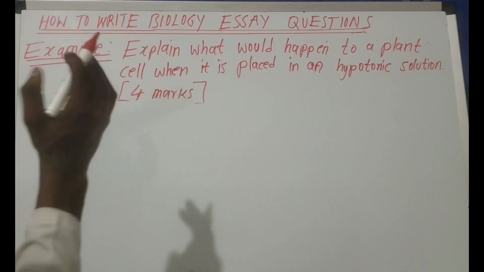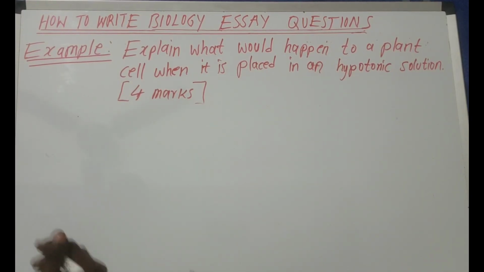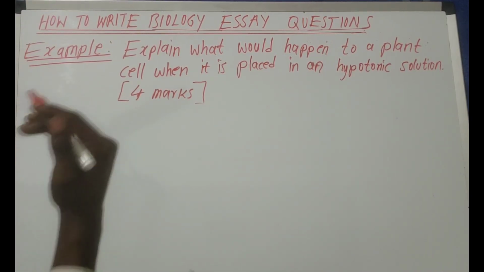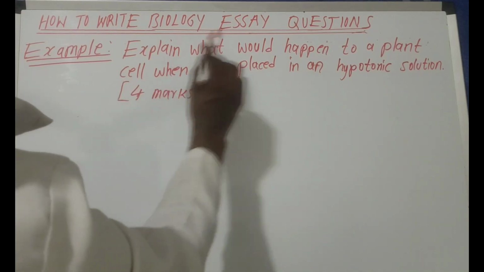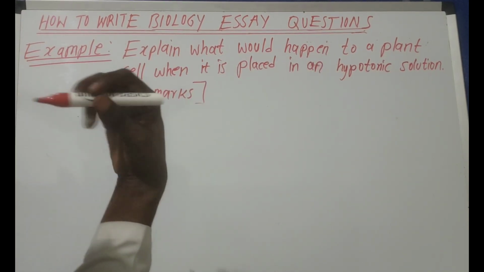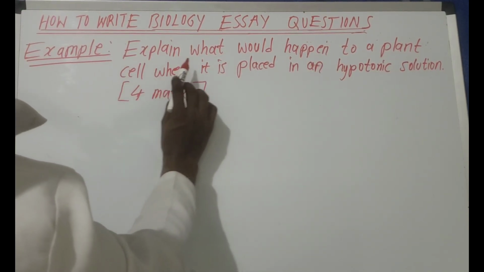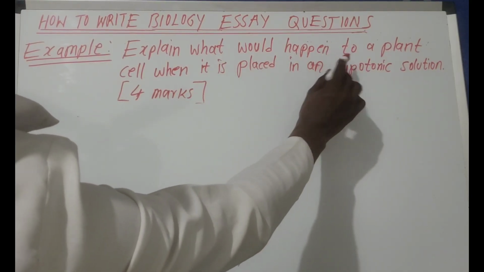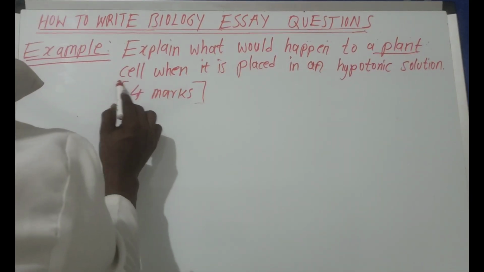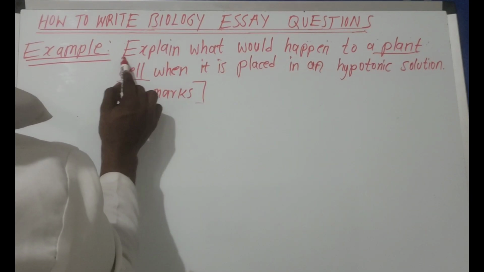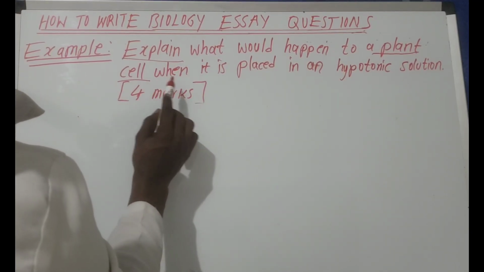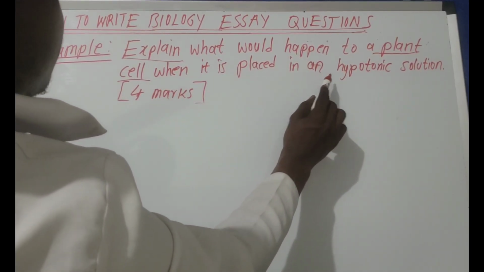So you first understand the question, like I explained the process on how to answer. They want us to explain what would happen to a plant cell when it is placed in a hypotonic solution.